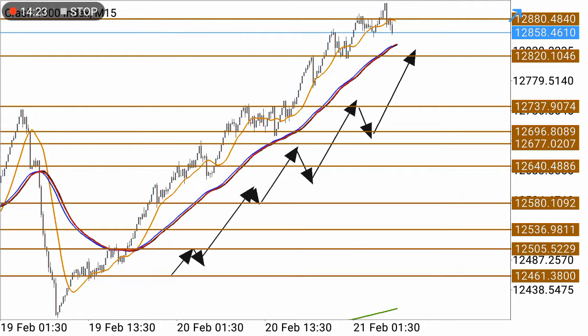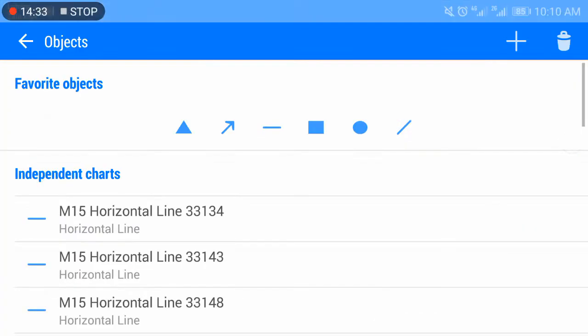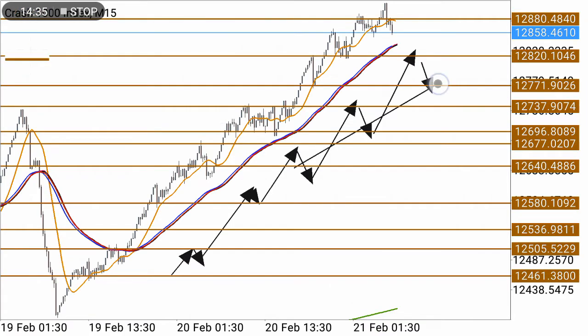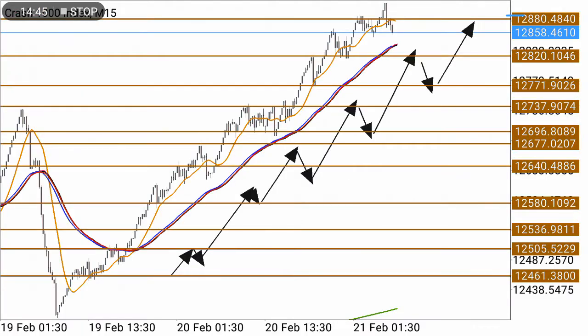Look here, the market comes a little bit down to this level and the market started going up. So look here how easy trading using support and resistance is, a very awesome tool.